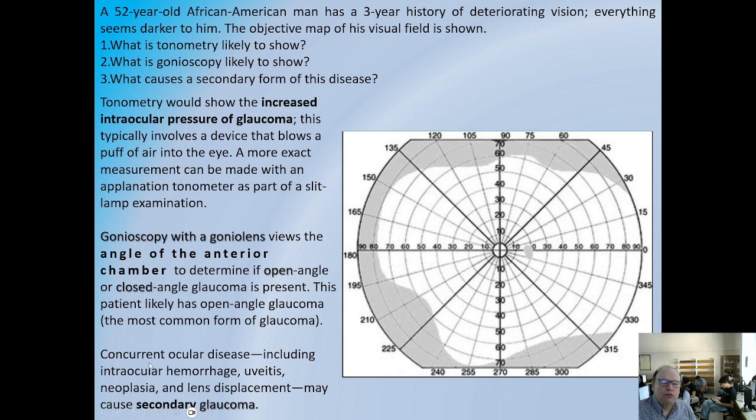And there are also some concurrent ocular diseases, a hemorrhage within the eye, uveitis, neoplasia, and they can cause lens displacement, and this can cause a secondary glaucoma. What does the term secondary mean? Secondary means that it's something which is not the initial problem, something which occurred due to another harmful situation in the eye.